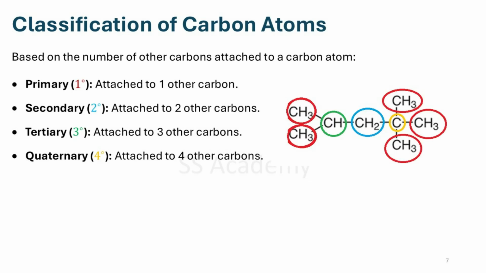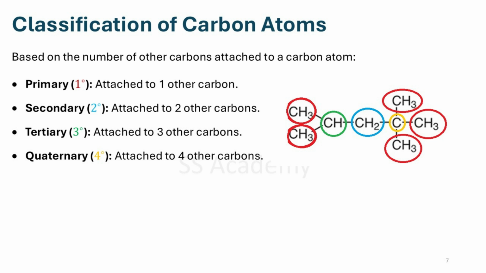Not all carbons in a chain are equal. We classify them by how many neighbors they have. A primary carbon is attached to only one other carbon. A secondary carbon is attached to 2 carbons. A tertiary carbon is attached to 3 carbons.